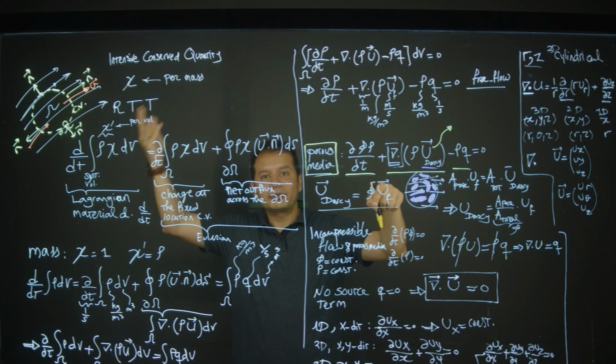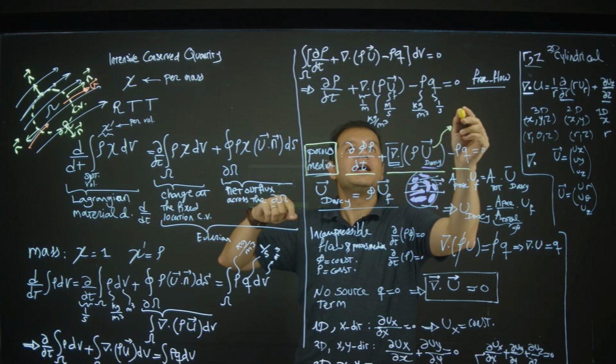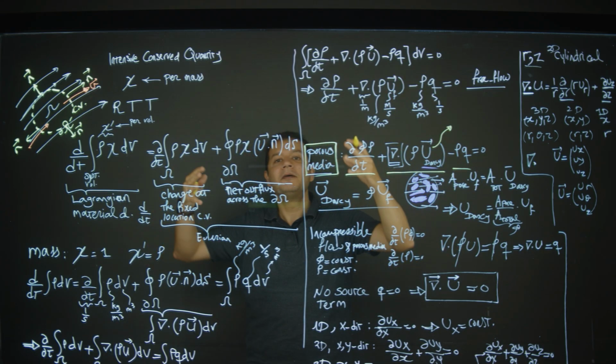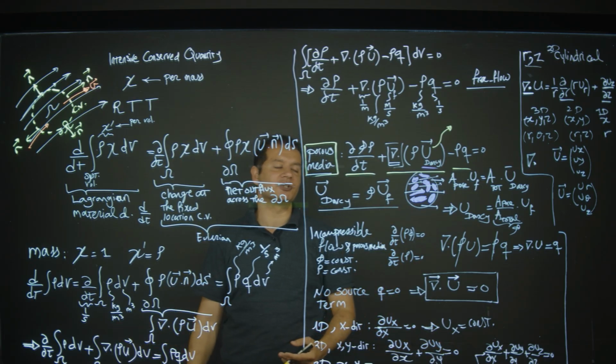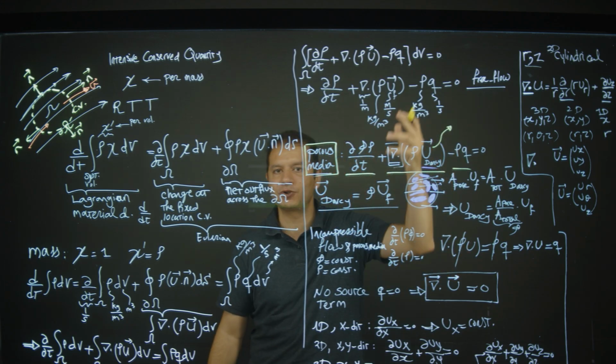For free flow, the proportionality of velocity to pressure gradient comes from momentum balance, which is Navier-Stokes, the topic of the next lecture. Here Darcy's law replaces the momentum balance.